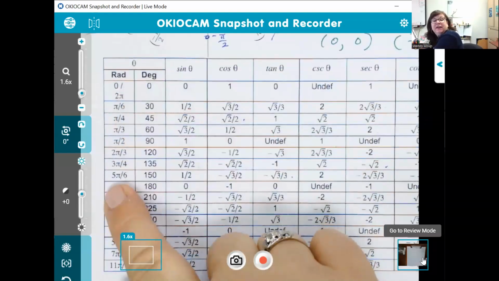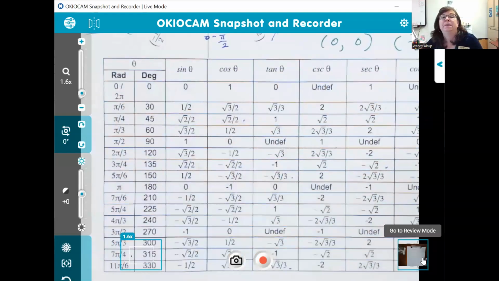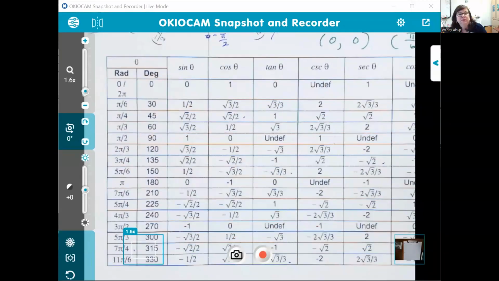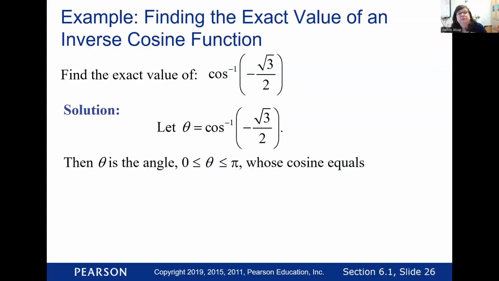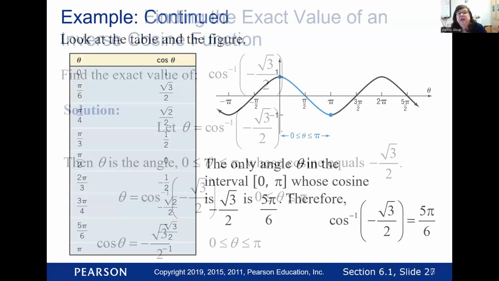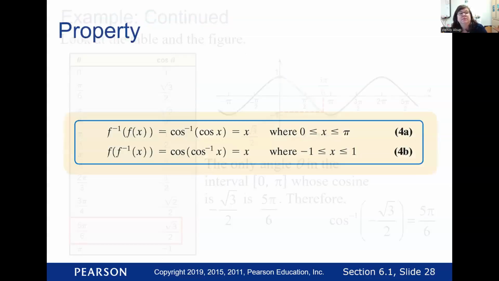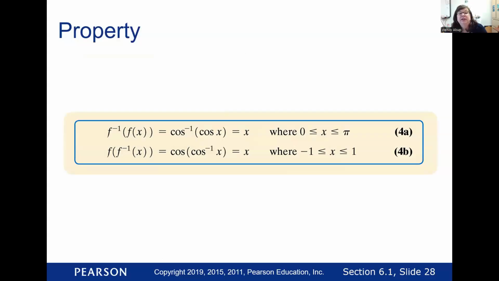So I can do that, 5 pi over 6. Lots of clicks to tell us that, 5 pi over 6. All right, again, they undo each other.